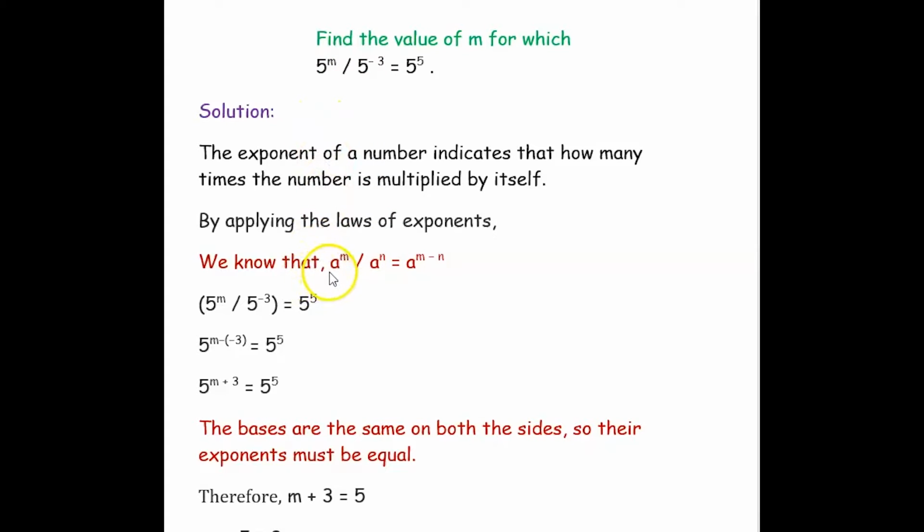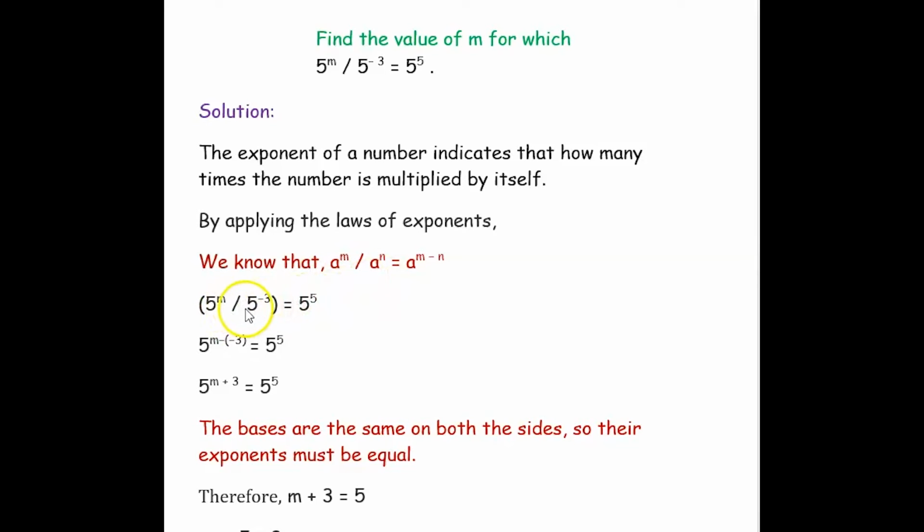We know the formula a raised to the power m divided by a raised to the power n equals a raised to the power m minus n. If you see the left hand side of the given question, it's 5 raised to the power m divided by 5 raised to the power minus 3. So, it is of this form.